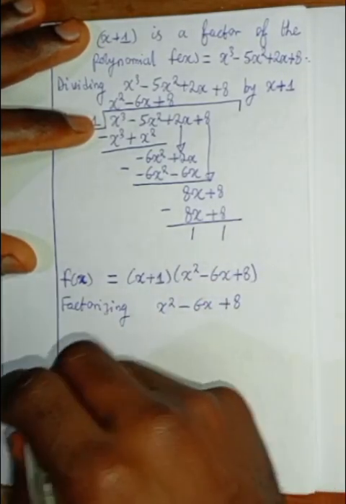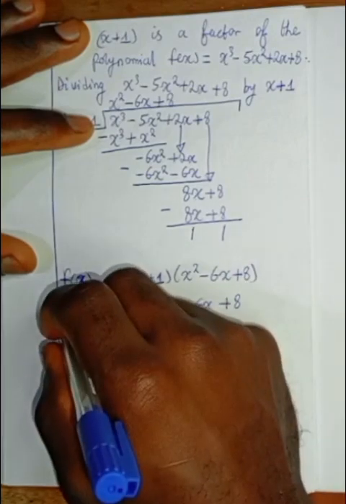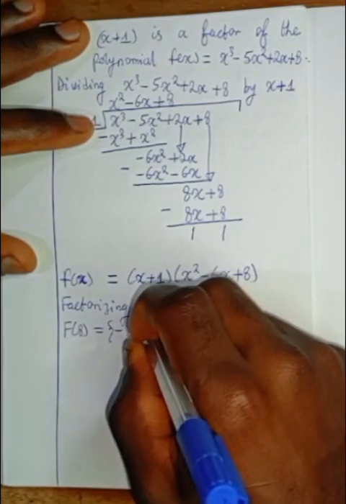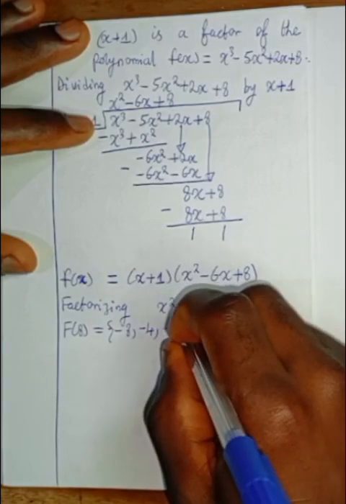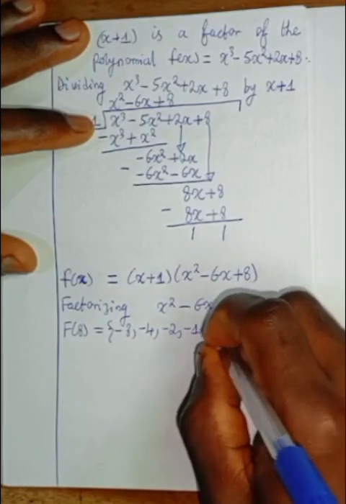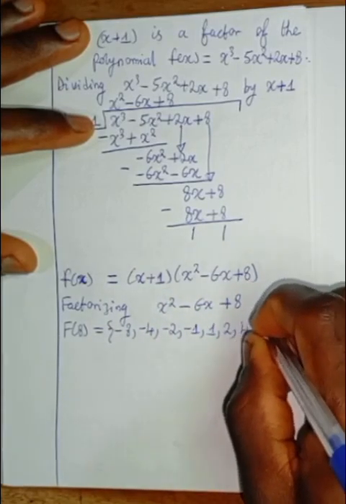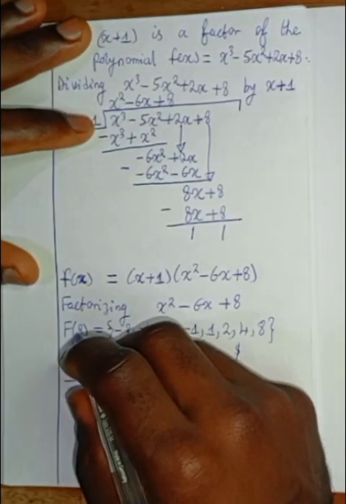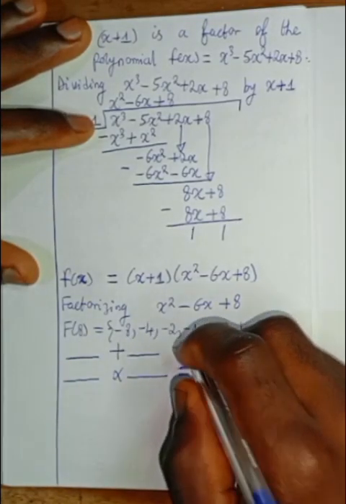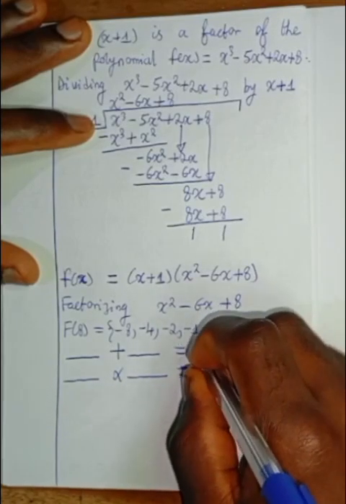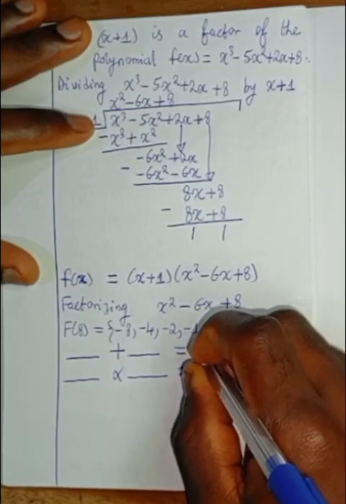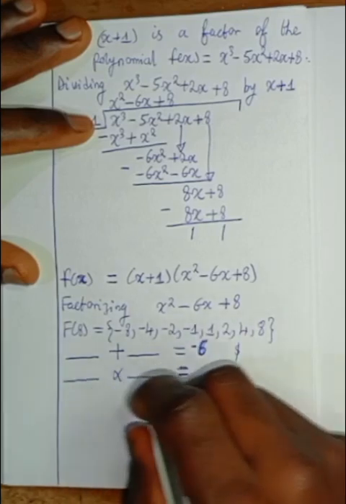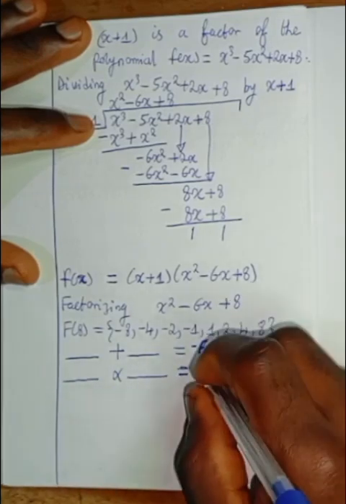In this case, we have the factors of 8. We have negative 8, negative 4, negative 2, negative 1, 1, 2, 4, 8. We need two factors of 8 such that their sum is equal to negative 6, the coefficient of b, and their product is equal to 8.